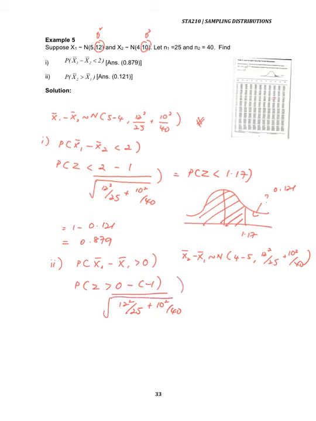Okay, so we're gonna get Z greater than 1.17. So kalau kita lukis, dia nak yang this one lah, 1.17, which is equivalent to 0.121, sama macam contoh atas kan. So jawapan dia adalah 0.121.